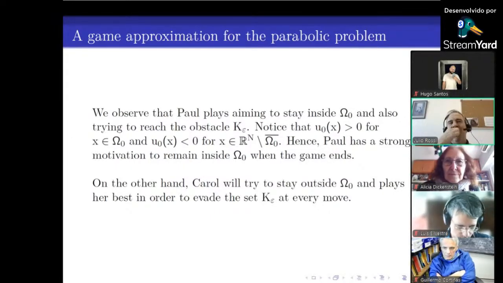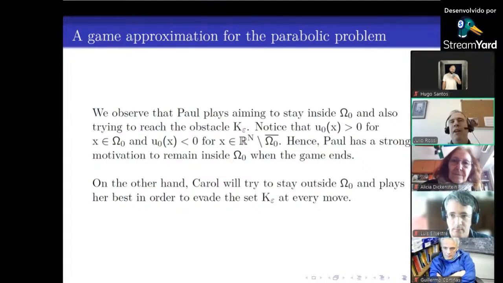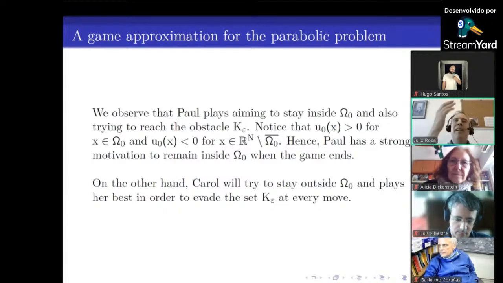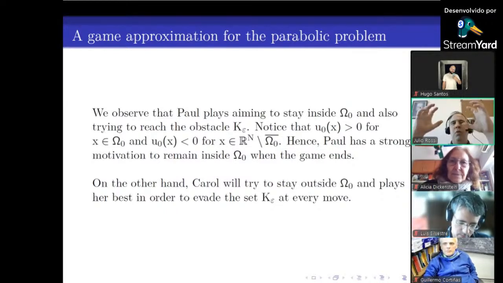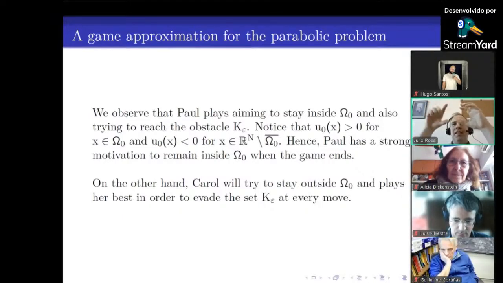And of course, you can imagine, you can draw pictures on a blackboard, and we do so, and we laugh a lot, trying to see what is the optimal strategy for one of the players, how one of the players may choose one vector or another vector in order to stay inside omega naught, or instead take the two obstacles. If you take the two balls and you start somewhere in between, so you start in the convex hull of the two balls, then Paul may choose a vector in this direction.